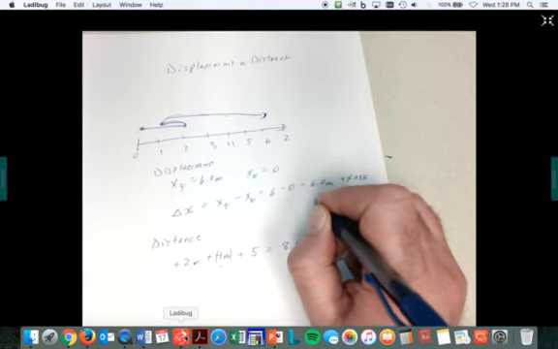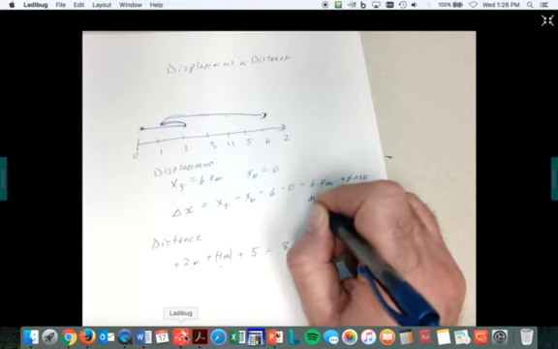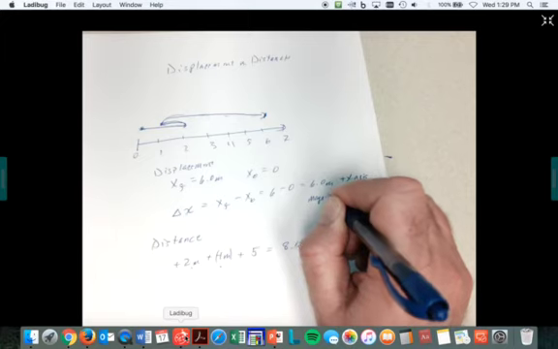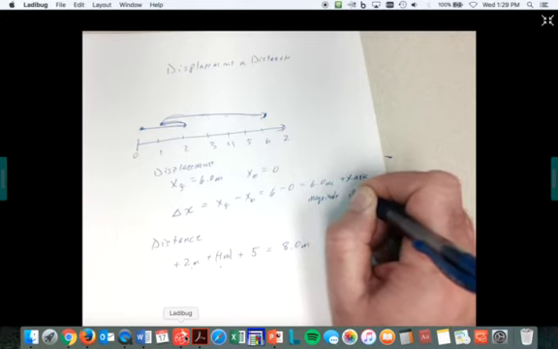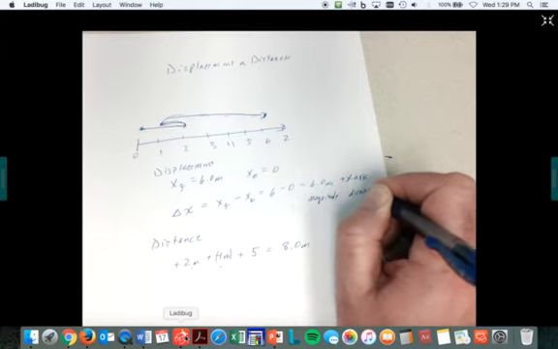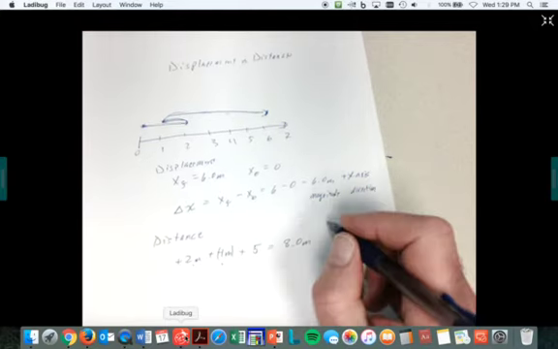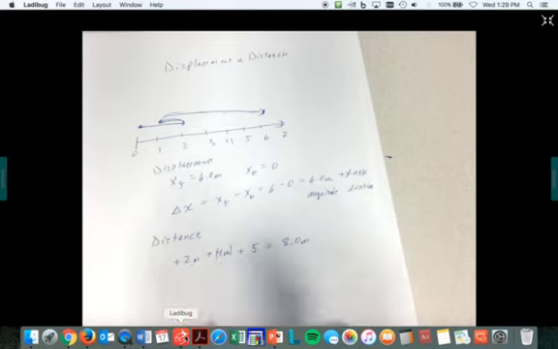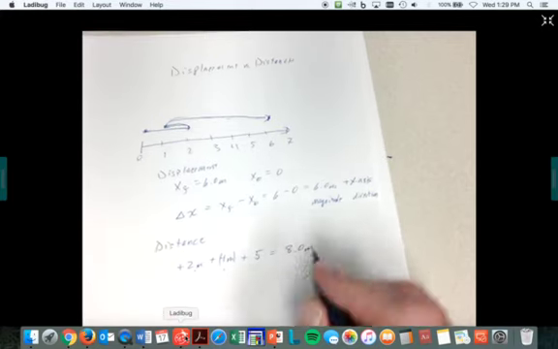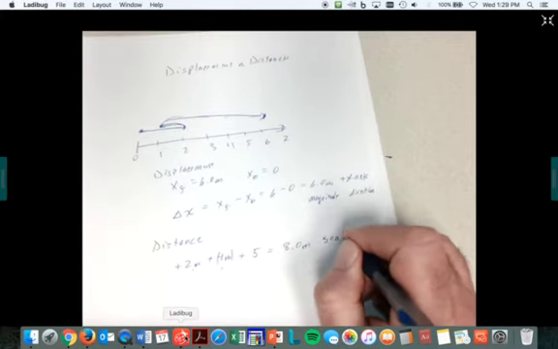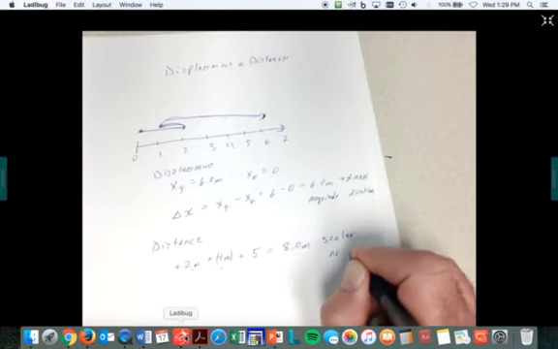That's the magnitude and direction. This other one is just a distance, there's no direction. So this is a scalar, no direction.